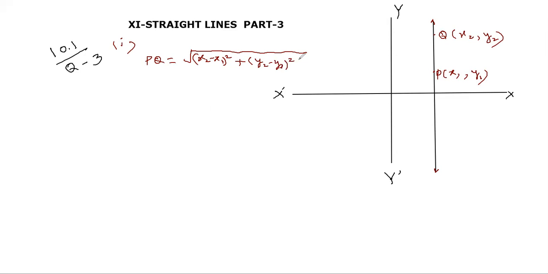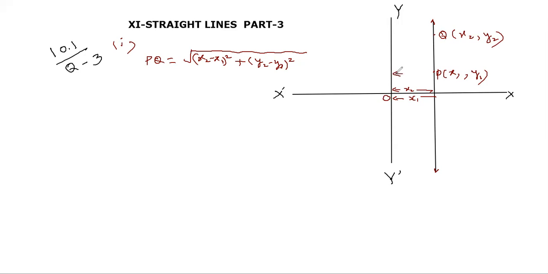But when PQ lies on the same line which is parallel to the y-axis, this distance on the x-axis, either x1 or x2, both are the same, because the point is at an equal distance from the y-axis.